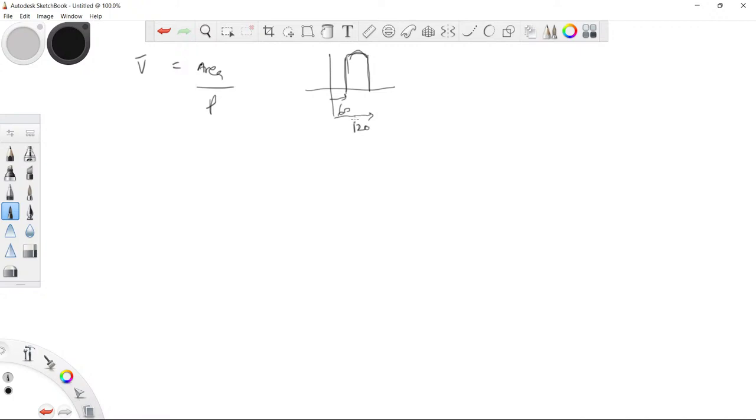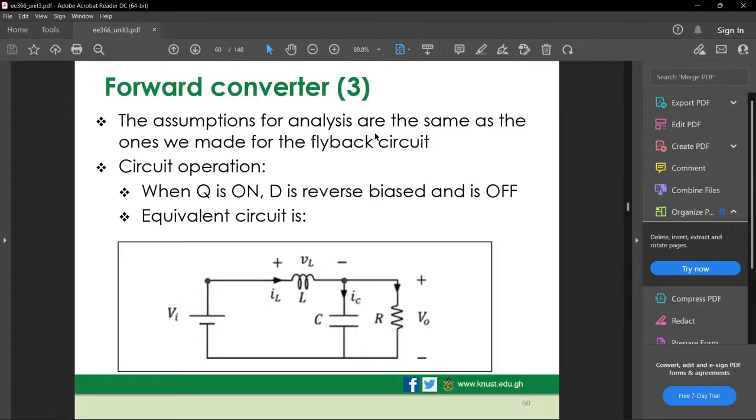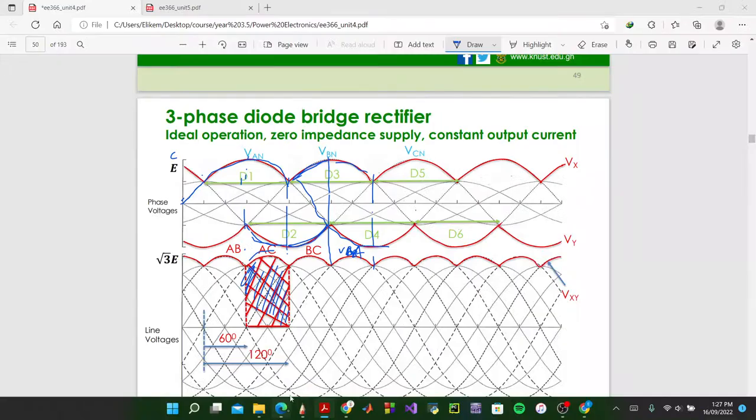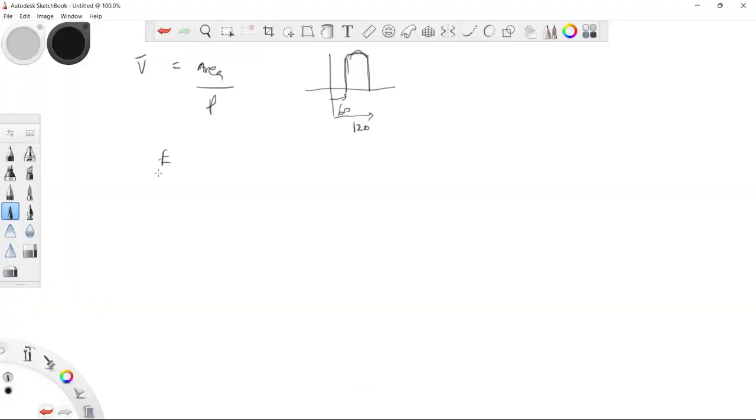But understand that now they are displaced 60 degrees from each other. You get it? So this is 60 from the mean point here. This is 60 here. Then this is 120 here. We know that the area is given by E over omega, right?